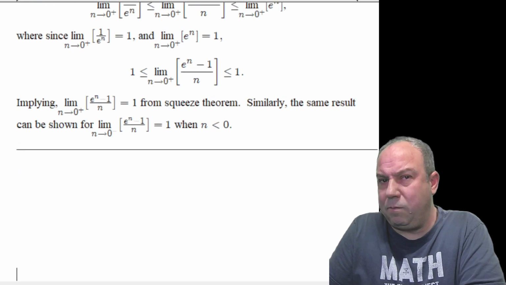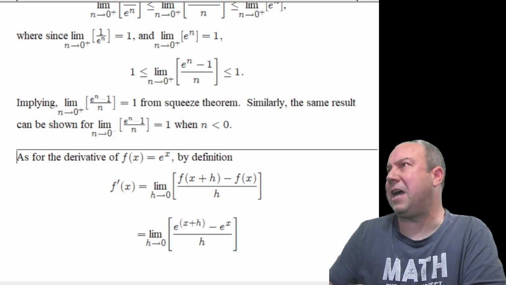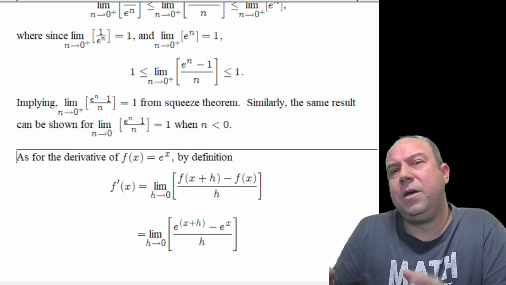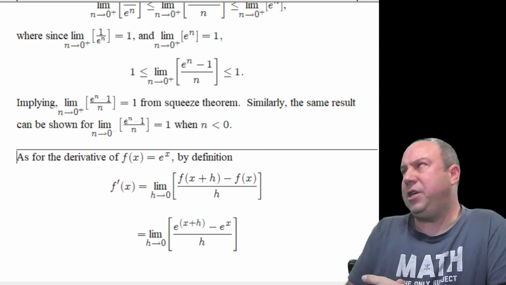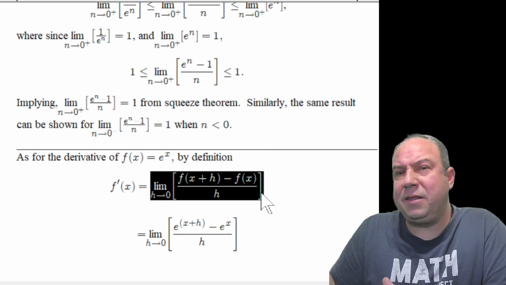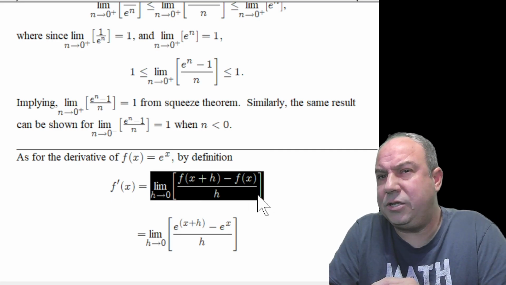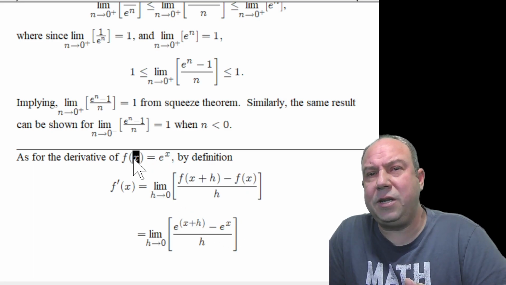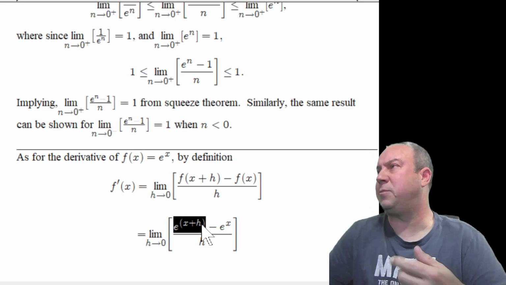What's a little bit more of interest to us, though, is the derivative of e to the x. It has an interesting result. If we set up the derivative of f of x equal to e to the x by its definition, and we say that we're looking at f prime being the limit as little h heads to 0 of f of x plus h minus f of x all divided by h, the defined value of the derivative, when we substitute in x plus h into our function f, we develop the value of e to the x plus h.